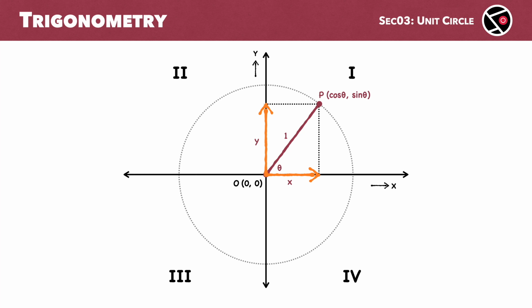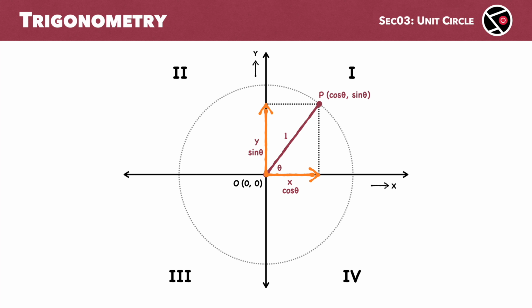We know the x coordinate corresponds to cos theta, and the y coordinate corresponds to sin theta. Once we have sin theta and cos theta, we can easily calculate the rest of the trigonometric functions. For example, tan theta is sin theta by cos theta, and that's it. We have got all the trigonometric values we need.